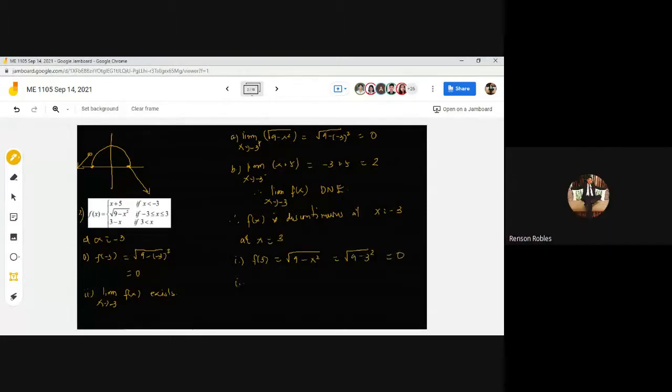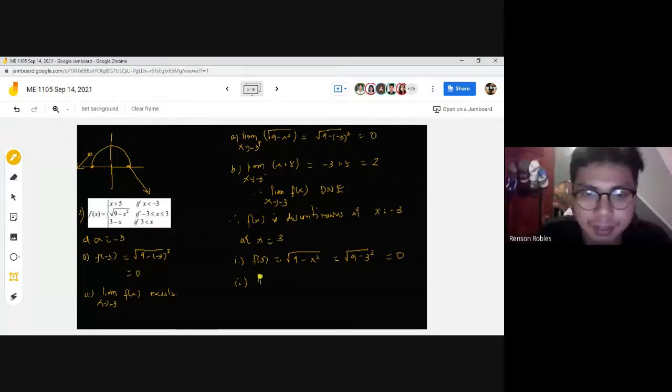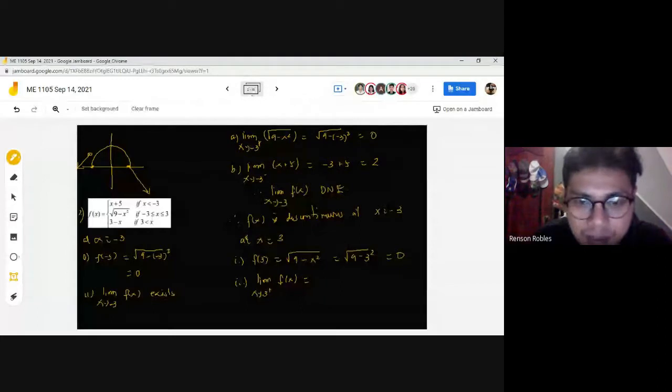And from our previous solution, let's just solve it. We have to show that the limit of f of x as x approaches 3 from the right. If you're coming from the right, you use square root of 9 minus x squared.